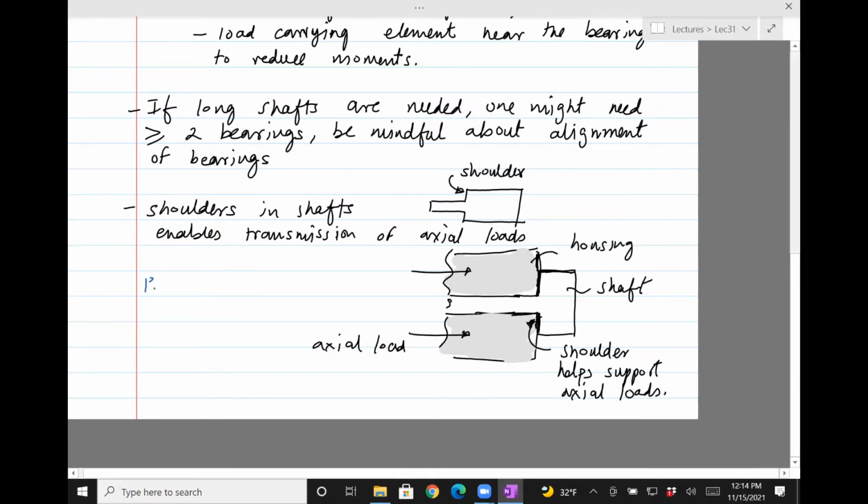So the recommendation is read section 7.3 in detail. And I would do that if you are thinking of a project involving shafts, right? So if your senior design is, for example, on the need to have a shaft carrying loads, then I would just go through that.